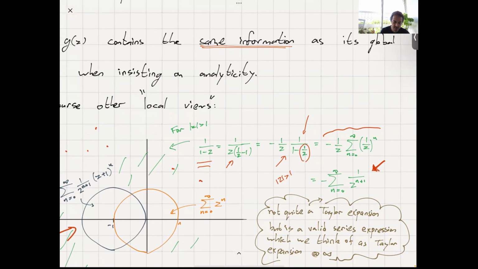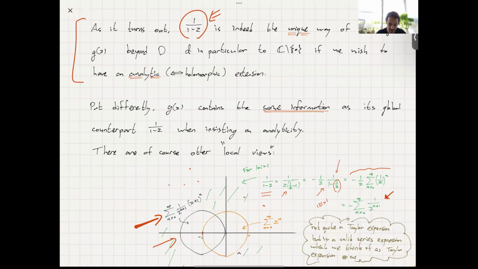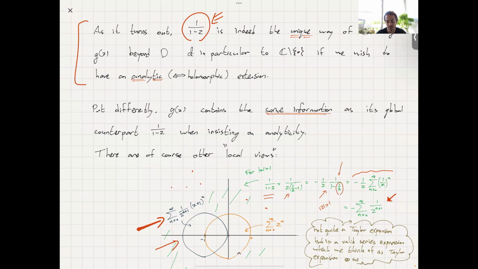So you see, you have all of these local views. Around every point, you can have a local view, and also, in a sense, around infinity, you have a local view. What I'm saying is that, at least in this example, each local view like that actually determines the general function, the function that is defined maybe outside of the domain of each of these local views.